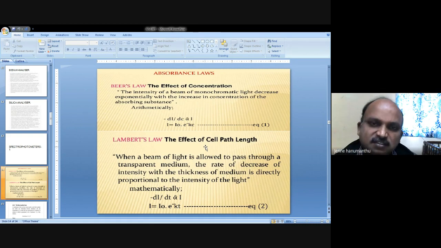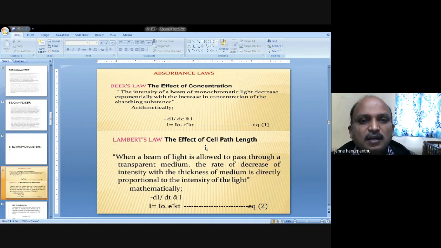Second case, when the light is passing through the solution, some of the light is absorbed and some of the light is transmitted. That is called transmitted light. Here, absorbed light and transmitted light.